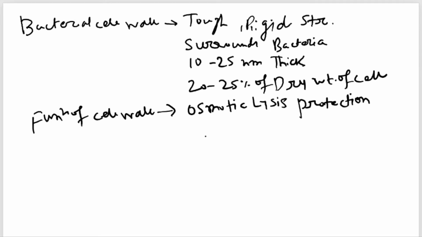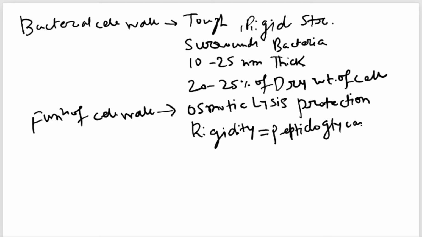Okay, second thing is the rigidity. It provides rigidity. How come? Rigidity is because of a very important part of the bacterial cell wall. We call it peptidoglycan. Peptidoglycan is a layer, you can say, in a bacterial cell wall that provides rigidity.